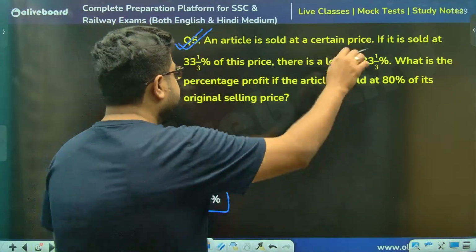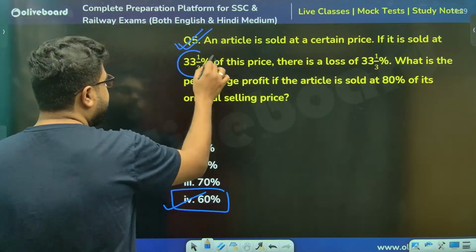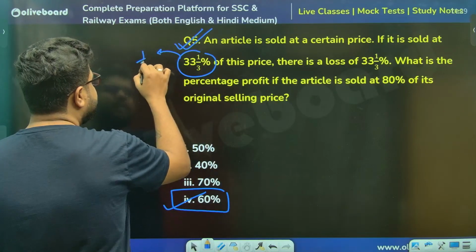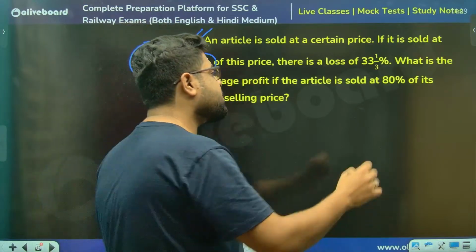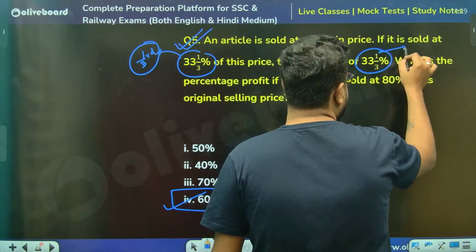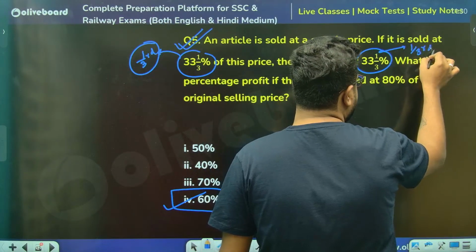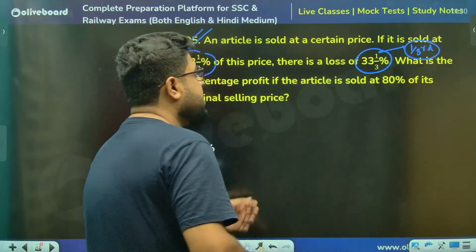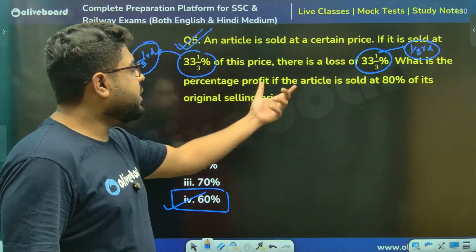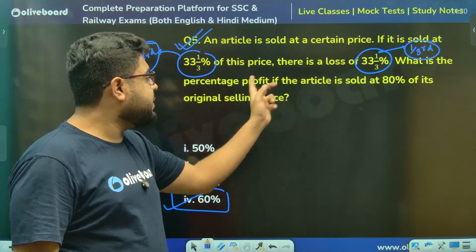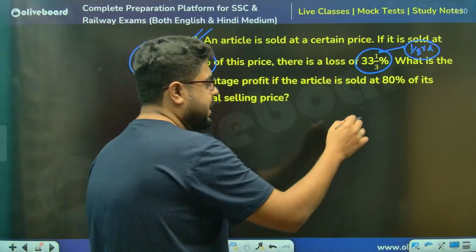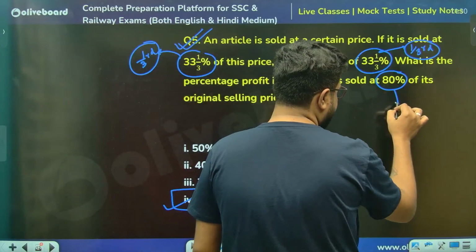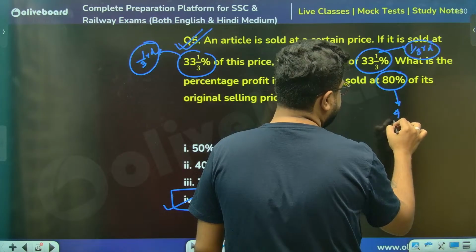If it is sold at one third, there is a loss of 1/3. Okay. Now, what is the percentage profit of the article if the article is sold at 80% of the original selling price? 80% means 4/5, sir.